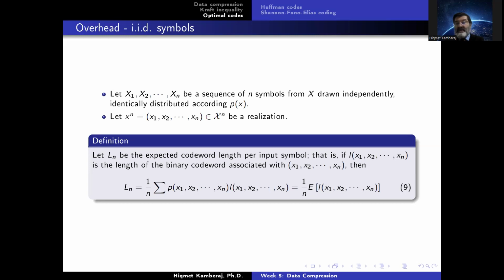That is, if L of x1, x2, ..., xn is the length of the binary code word associated with this n-tuple, then L_n is 1 over n times the sum of P of x1, x2, ..., xn times L of x1, x2, ..., xn, which is equal to 1 over n times the expected value of L of x1, x2, ..., xn.